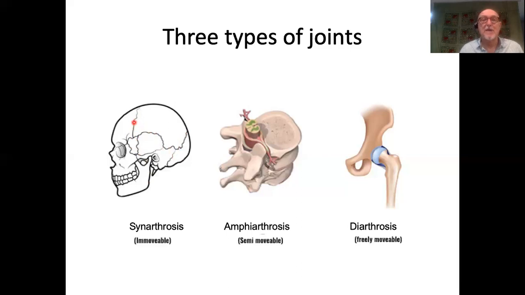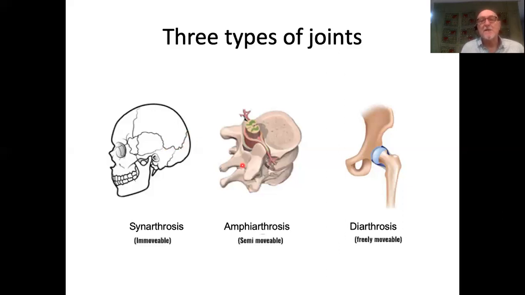That is to allow a certain amount of growth, although the skull doesn't actually ever grow that much. We're pretty much born with a skull which is pretty close to what the adult skull is, but nonetheless, there are joints between the plates, between the bones of the skull. And those are called synarthroses. They are immovable. They actually look like this. They kind of fit together, tongue and groove sort of thing. And they are immovable joints.